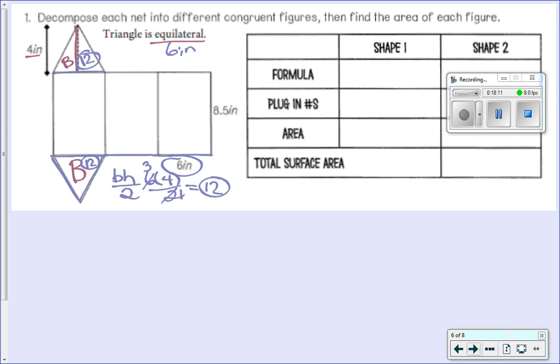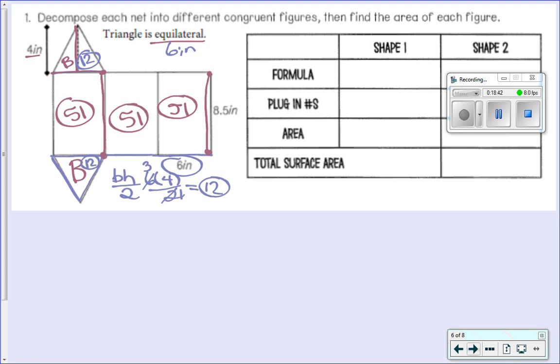All right. What is the height of our prism? 8.5. Notice that it connects base to base. So what is 8.5 times 6? You got it. And they're all equilateral, right? Okay.